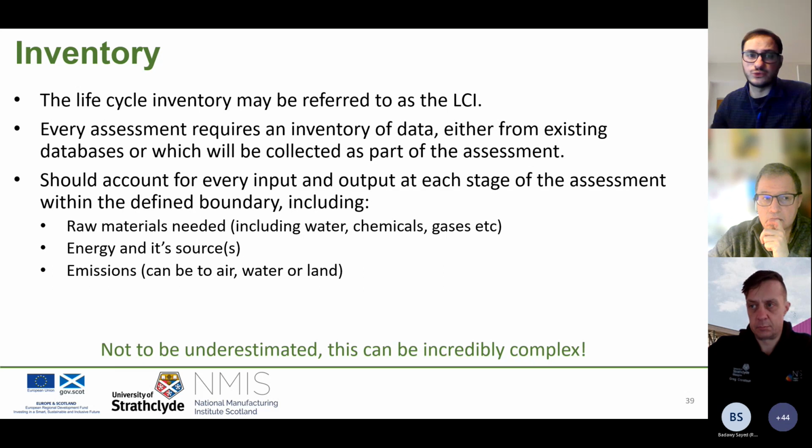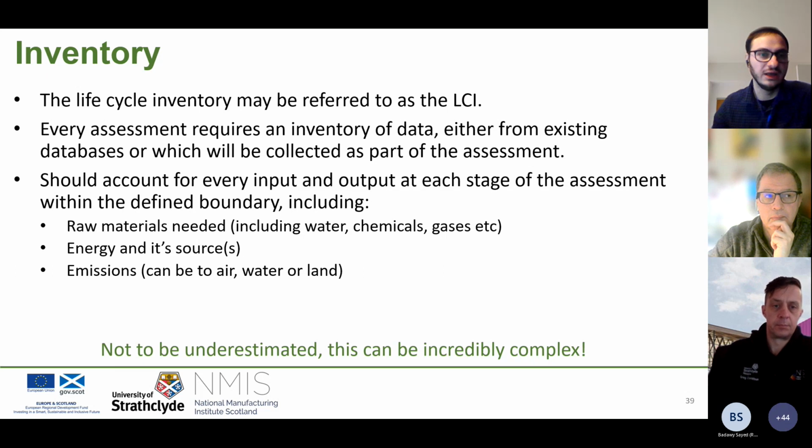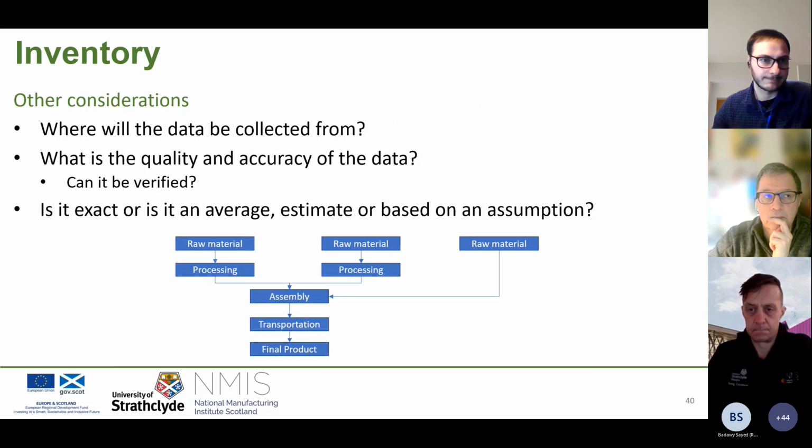They should account for every input and output at each stage. For each stage, we should capture the inputs and outputs, and this is what it means. It should be within the defined system boundary, including, of course, raw materials such as water, chemicals, etc., energy and sources, and emissions. And, not to be underestimated, this can be quite complex.